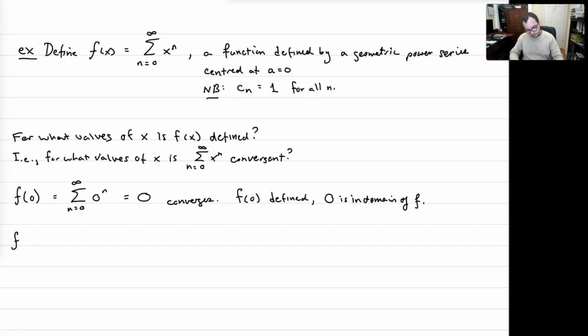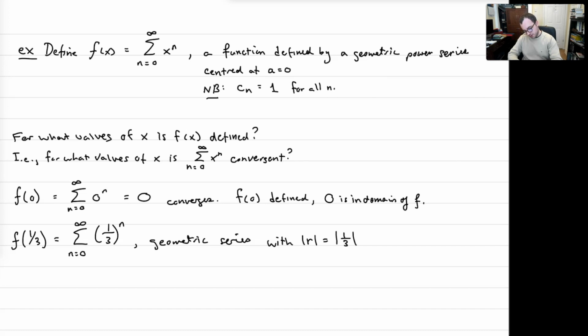Let's try another value. Let's try 1/3. So that means all I'm doing is I'm replacing the x in that expression with a 1/3. So it's the sum of (1/3) to the n. Now, since this is a geometric series with r equal to 1/3, less than 1, this converges. In fact, it converges to 3/2 if you use the formula, but I don't care right now.